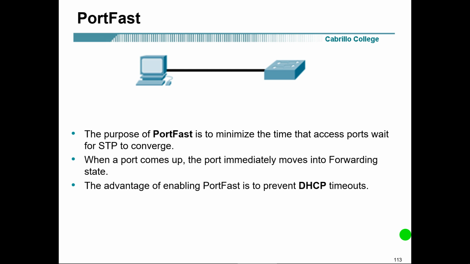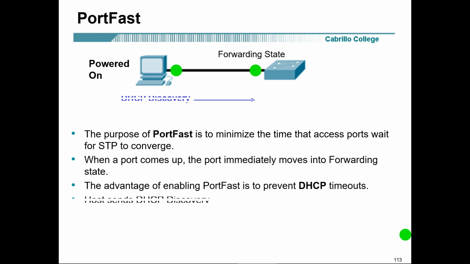So, PortFast. The purpose of PortFast is to minimize the time that access ports wait for STP to converge. When the port comes up, the port immediately moves into the forwarding state. The advantage of enabling PortFast is to prevent DHCP timeout. The PC power is on. The switch, as long as PortFast is enabled, immediately turns to a forwarding state.